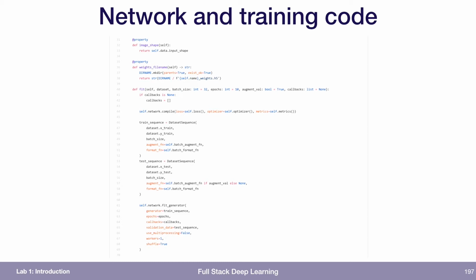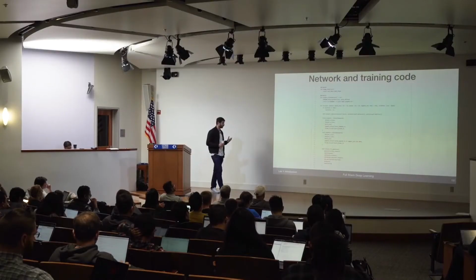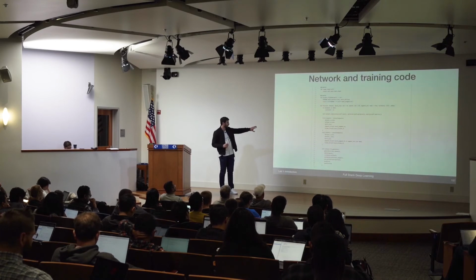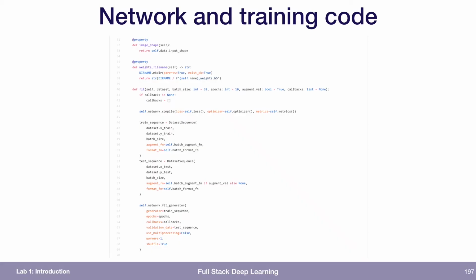There's a couple of other things that this model code does. There's a couple of convenience functions to give you the shape of the images and the weights. And then there's a fit function. This fit function is like the inner loop of our optimization algorithm. What we're doing here is compiling the network. For those of you that are familiar with Keras, you'll recognize that this is essentially telling Keras what loss function and what optimizer we're going to use.